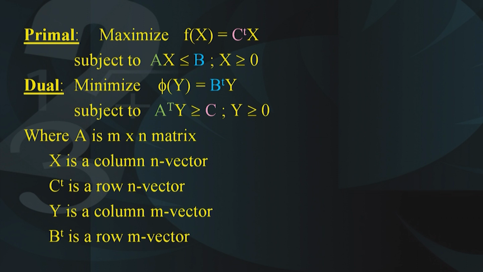That is to say, there are m decision variables y1, y2 etc. in the dual. And of course, we find that b transpose is a row m vector in the dual. So, the same thing has been written in the form of a vector notation for better understanding.